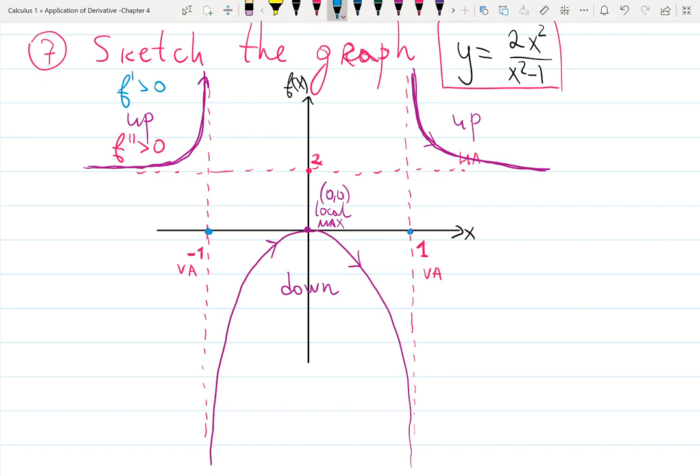The first derivative is positive because increasing. Then the first derivative is negative because decreasing. But the second derivative is negative, concave down, grumpy face. Then the first derivative is negative, decreasing. The second derivative is positive, concave up.